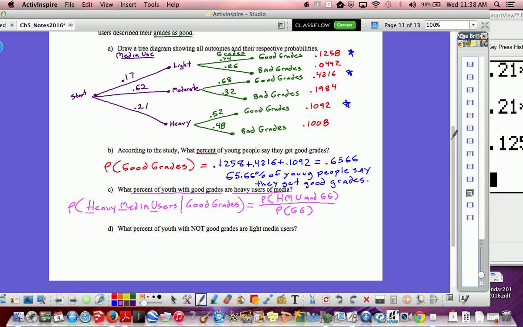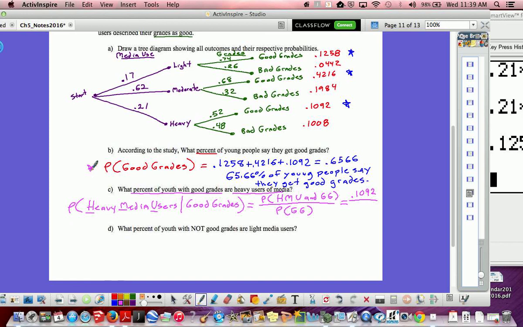So if I use my tree diagram, I can find this top probability rather easily. Heavy media users and good grades is 0.1092. What's the probability that they have good grades? Yeah, didn't we just find that?